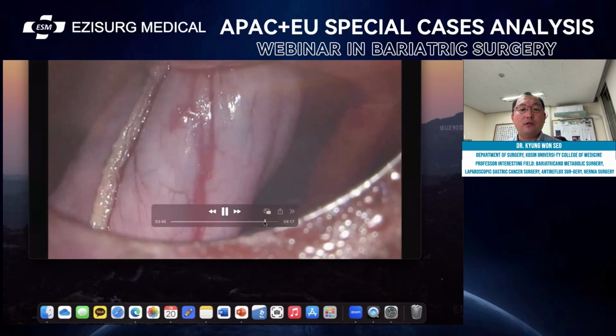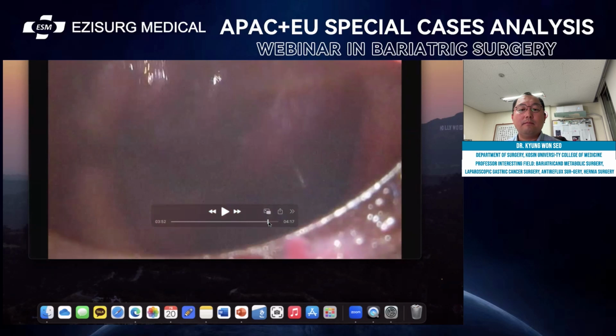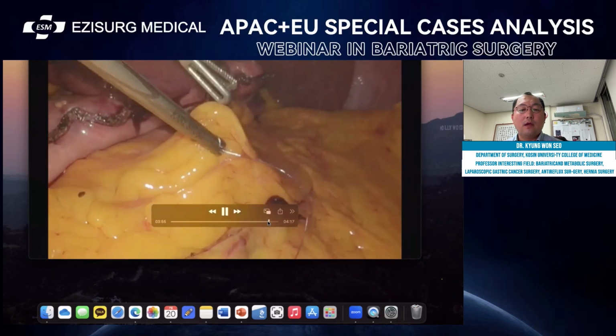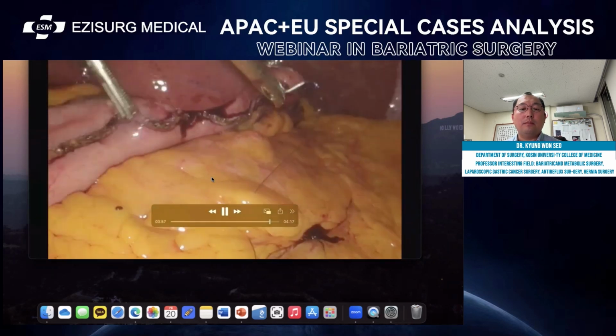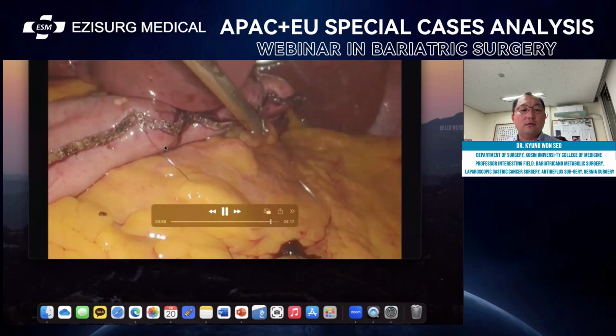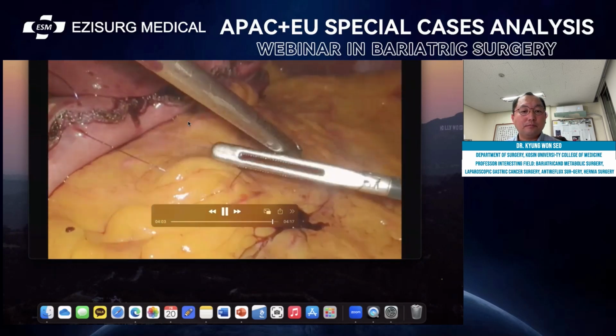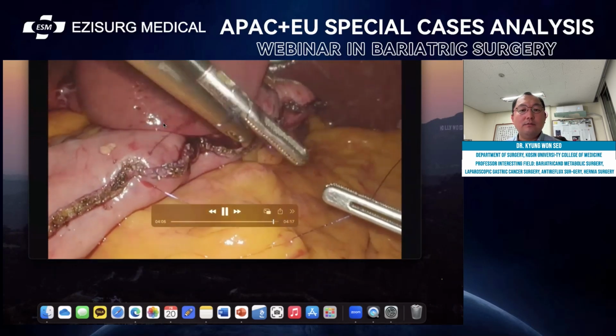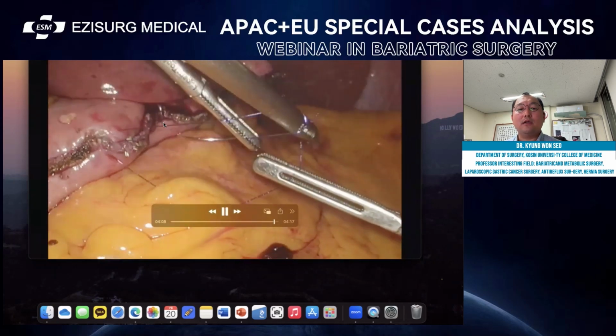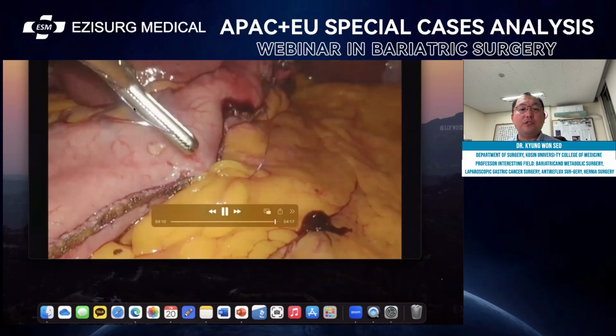And we remove the gastric specimen, and I suture the lateral peritoneum and the posterior staple line to prevent gastric sleeve kinking or twisting. This is a very helpful procedure.